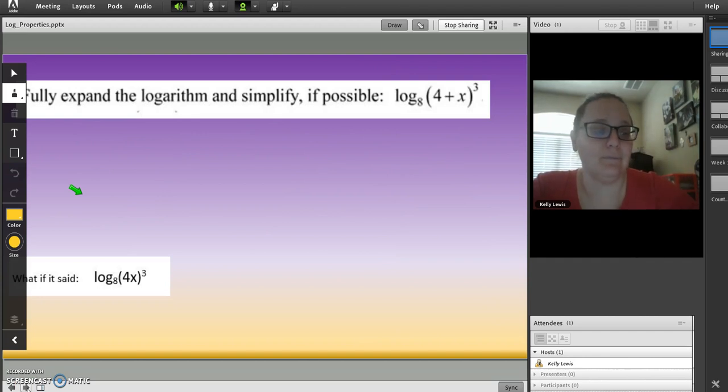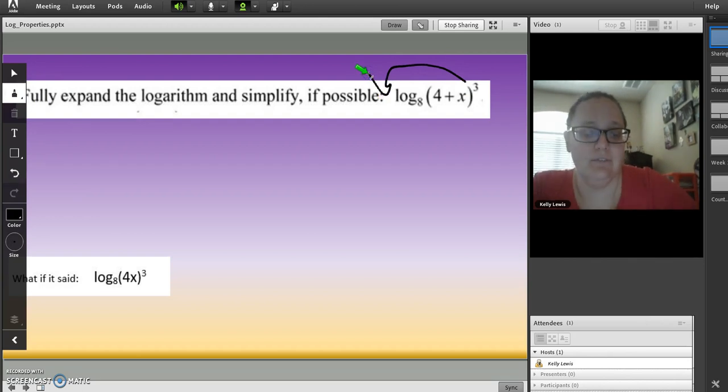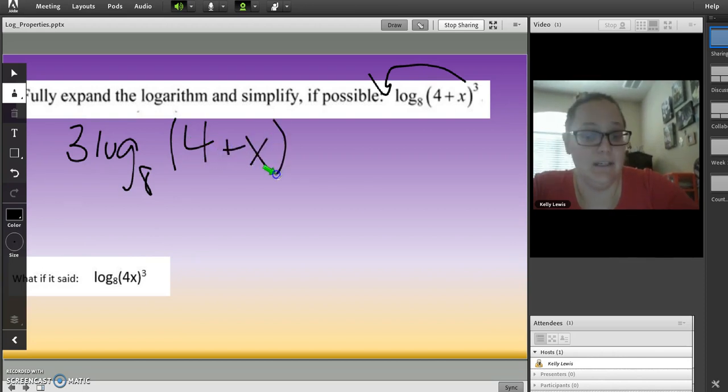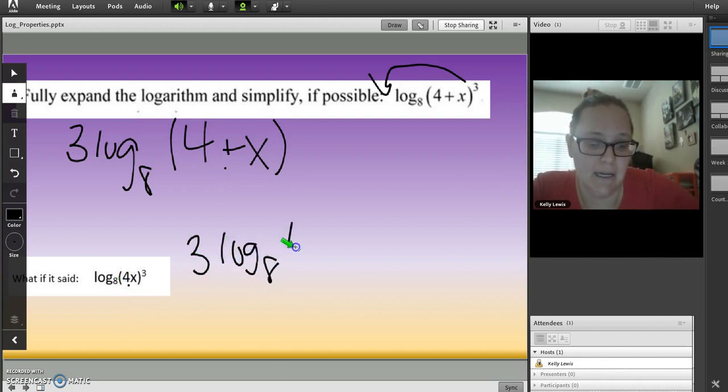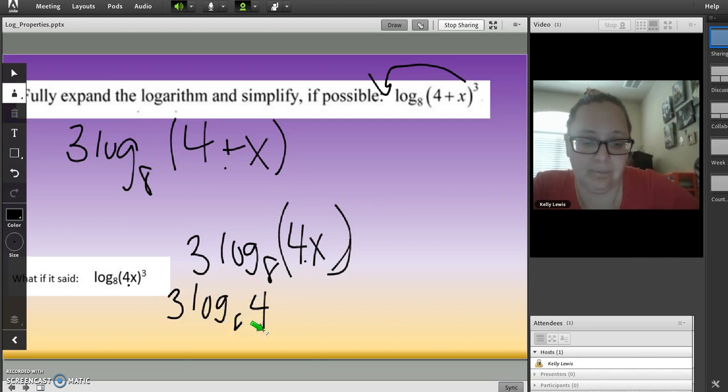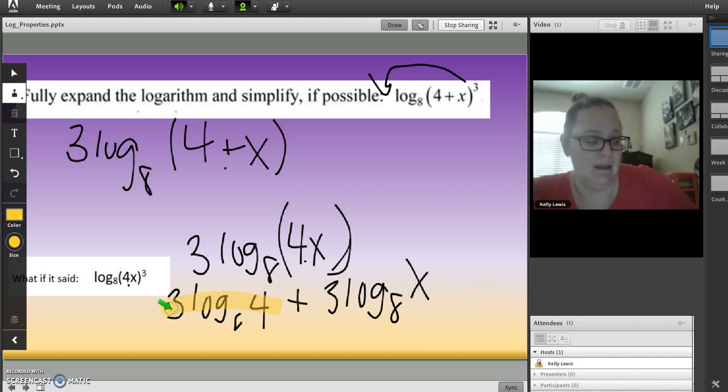All right, so here there's a power, and a power means move it to the front. So I have 3 log base 8 of 4 plus x, and that's all I can do because there's a plus here. If there was a multiply like right here, then I would do 3 log base 8 of 4x. Then I could split this guy up and write 3 log base 8 of 4 plus 3 log base 8 of x, and him right here, it's all numbers.